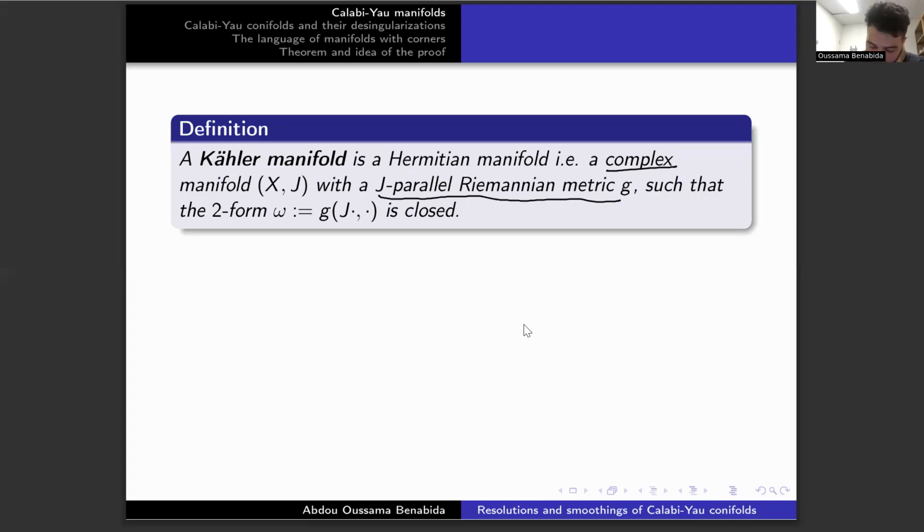In addition to that, we suppose that the 2-form defined by omega equals g composed with J on the first element is closed. What this means is that this omega is a non-degenerate 2-form which is closed, and this is basically the definition of a symplectic manifold.